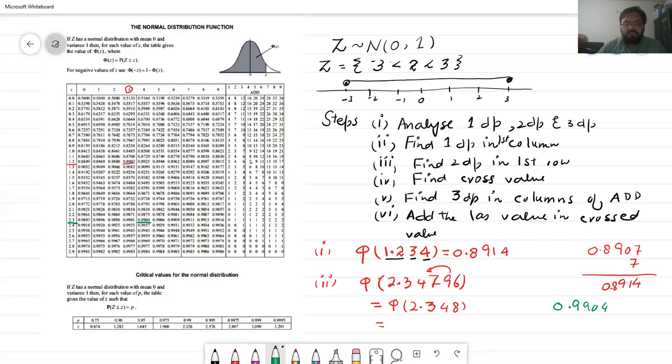Now you have to observe the last digit, which is 8. You have to find 8 over here. You have to add 2 over here, so you will get 0.9906. Am I right? Is there any problem?